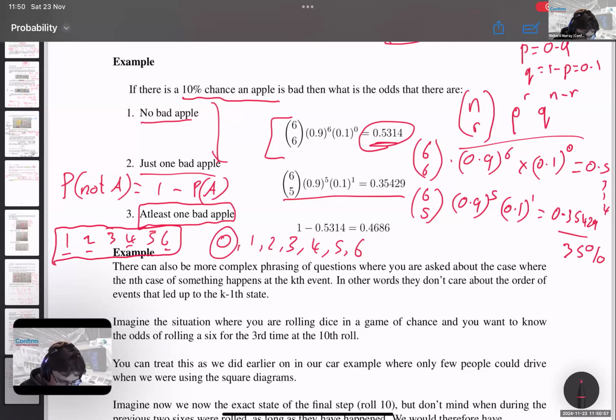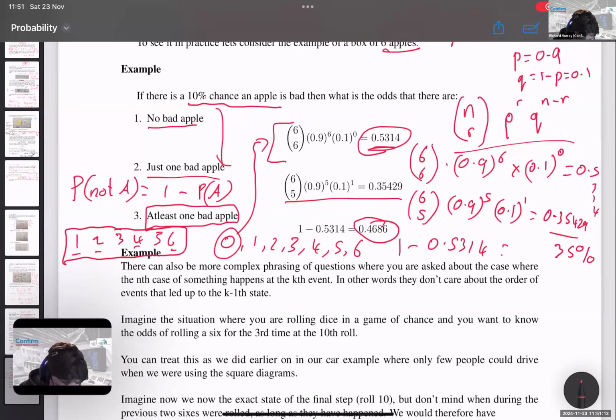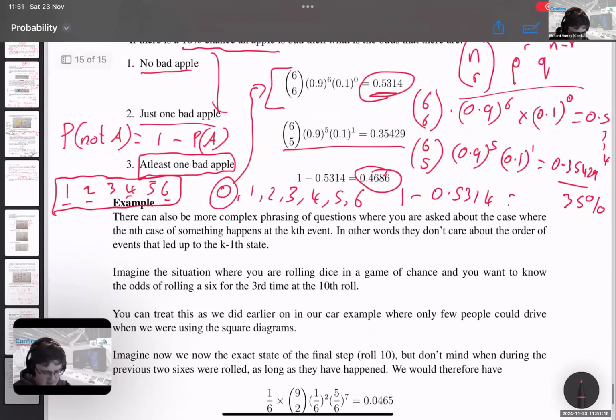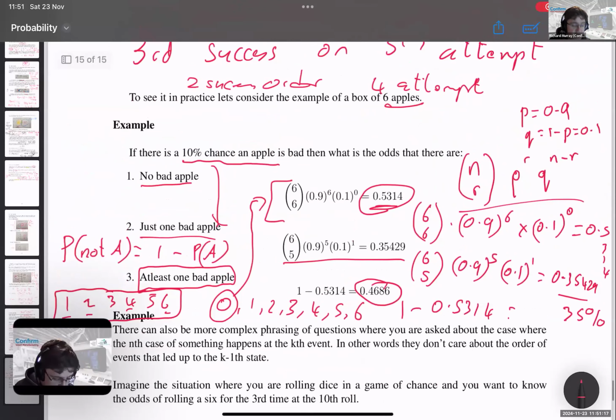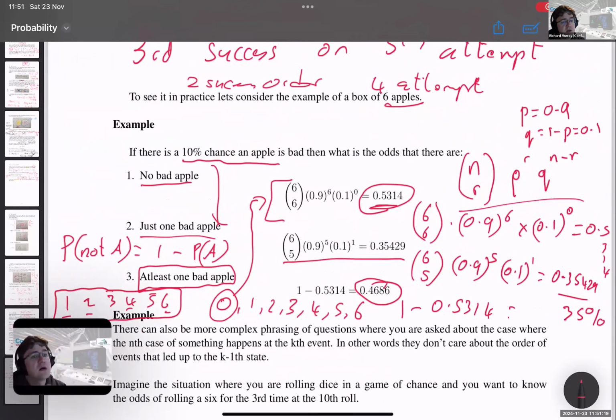We've already calculated the probability of there being no bad apples. So instead, we can just take this value and subtract it from 1, and we get 0.4686.